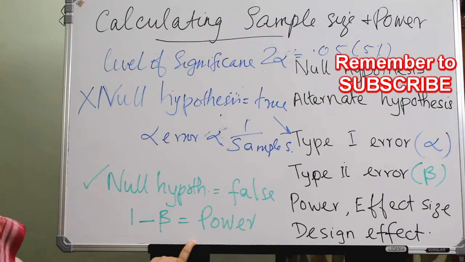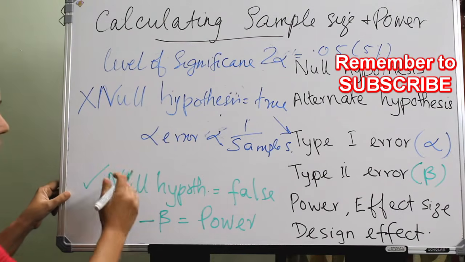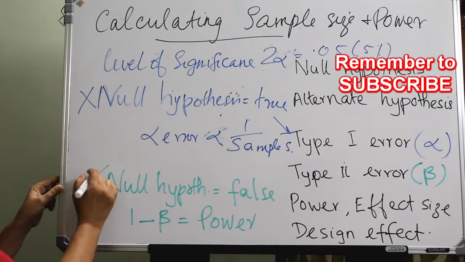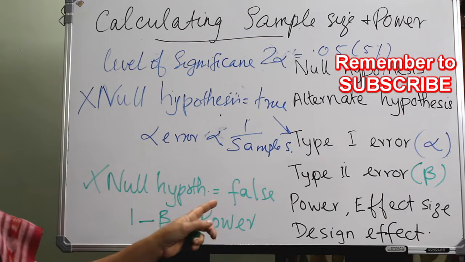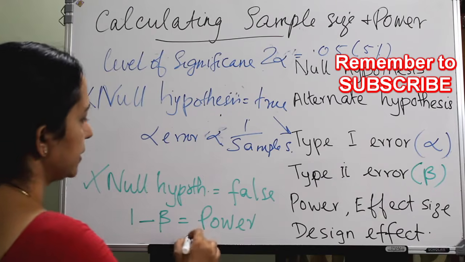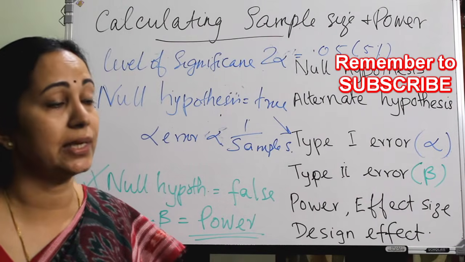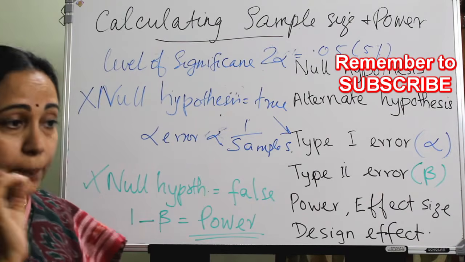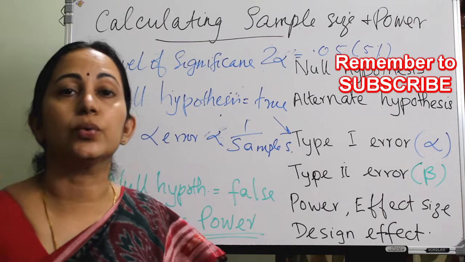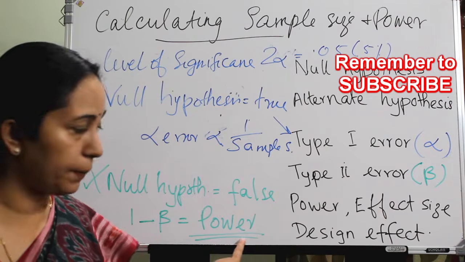And what is that? That is rejecting a null hypothesis when it is false. That is a power, and this power is what a study wants to be. That is to pick up what it is looking for in the population is called the power.